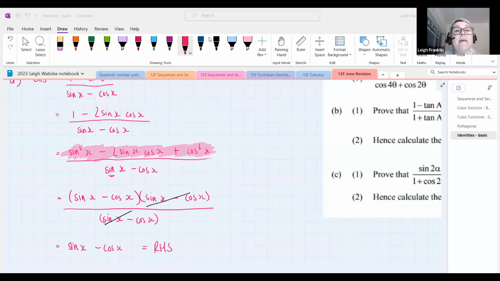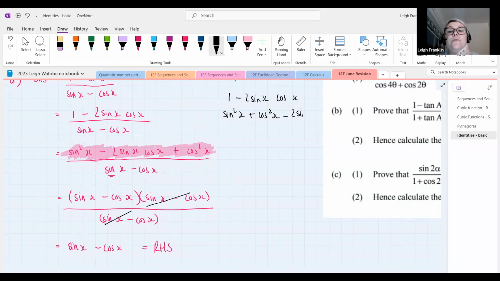Okay, remember, if I have 1 and I've got minus 2 sine x cos x, I'm just talking about the numerator now. I am taking 1 and I'm rewriting it as sine squared x plus cos squared x. And then I'm going to bring down my minus 2 sine x cos x. And then all I did was a little switch around.